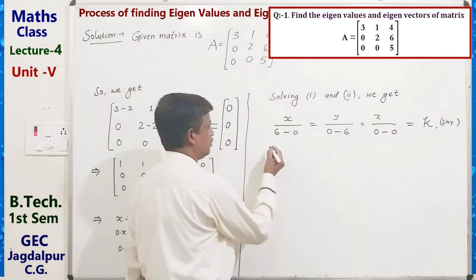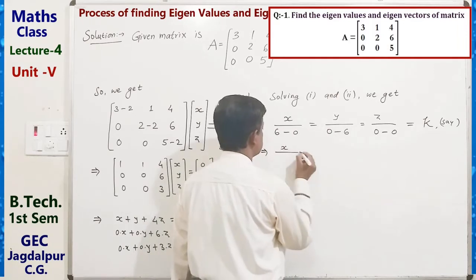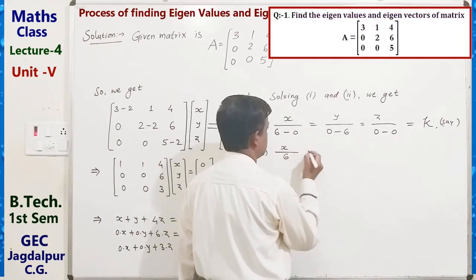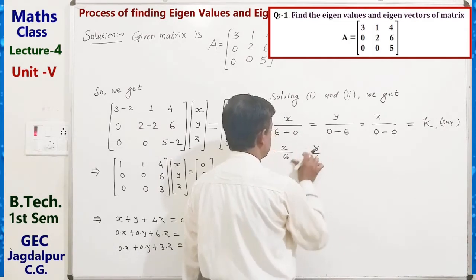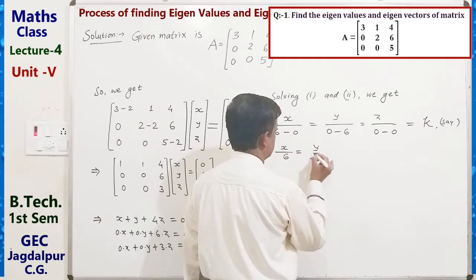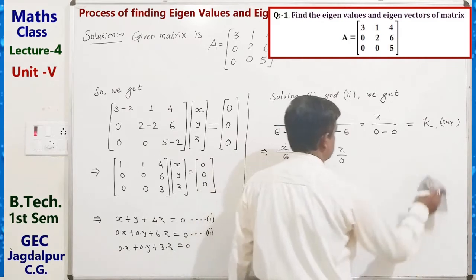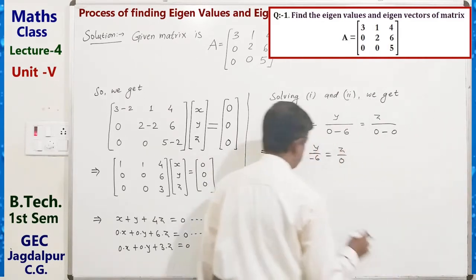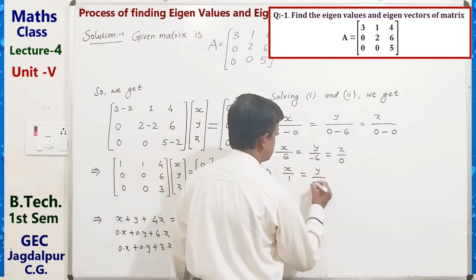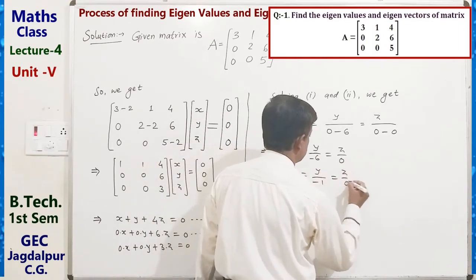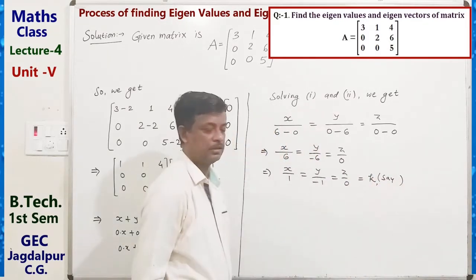Now we can write x by 6 equals y by minus 6, equals z by 0, and after simplification, x by 1, y by minus 1, z by 0 equals k.